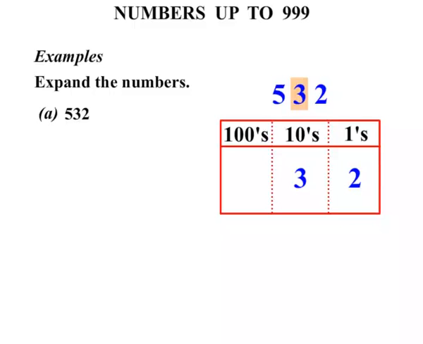And the next number, 5, is in the hundreds column. So we're going to use this to help us expand the number. We have 5 in the hundreds column. That's worth 500. The 3 is in the tens column. So 3 lots of 10 is 30. So we write plus 30. And finally the 2 is in the ones or units column. 2 lots of 1 is simply 2. So we just write plus 2 on the end.